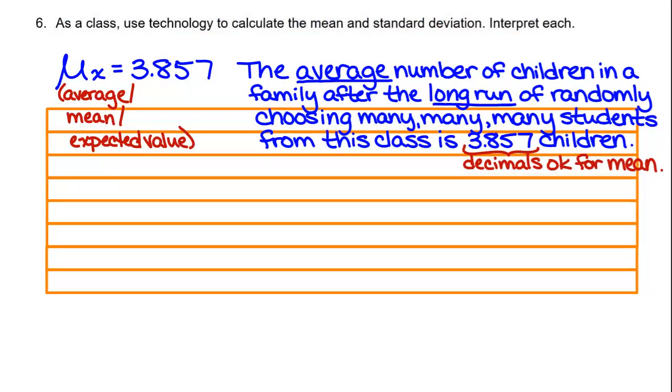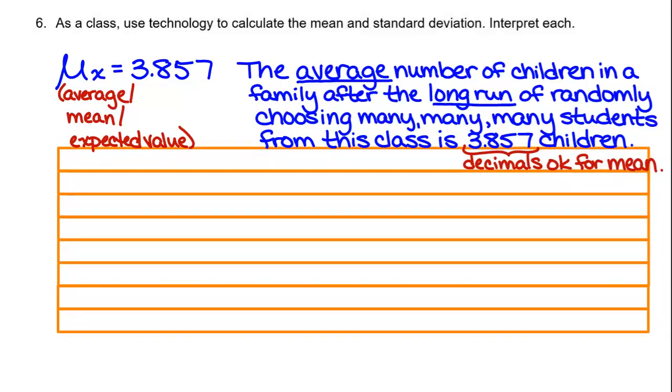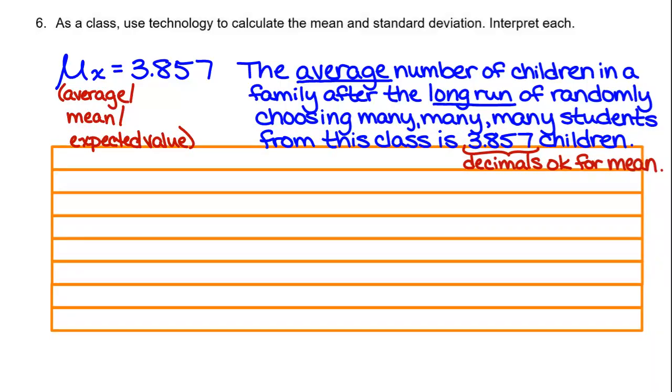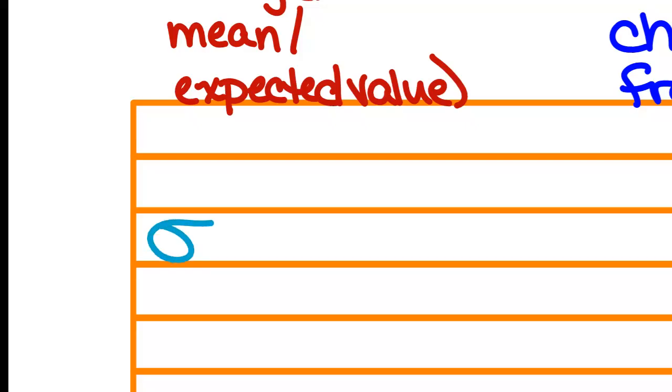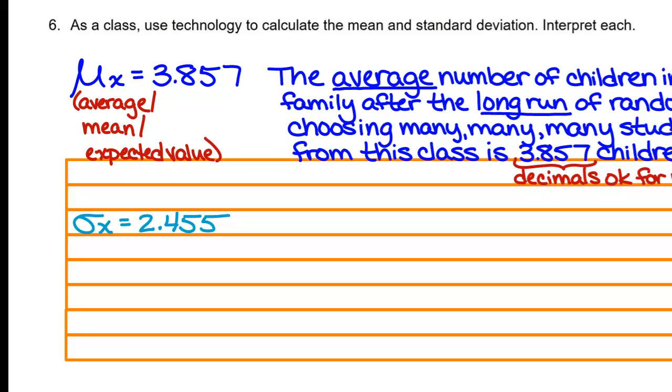Our standard deviation, which we use sigma to represent. Yep, go ahead and laugh. We had 2.455 as our standard deviation. What does standard deviation describe again? Average distance from the mean.